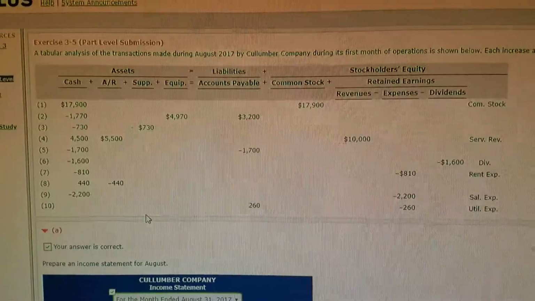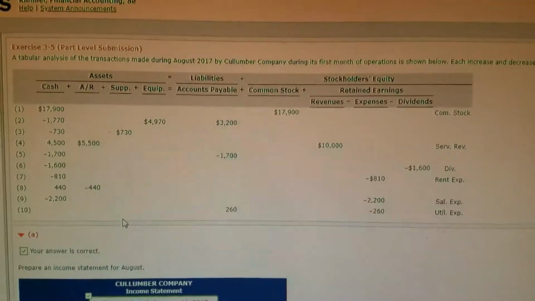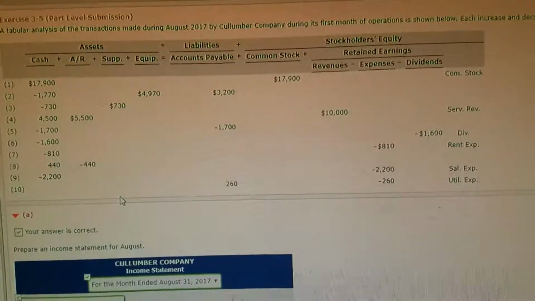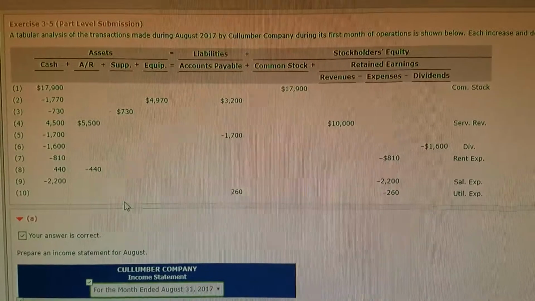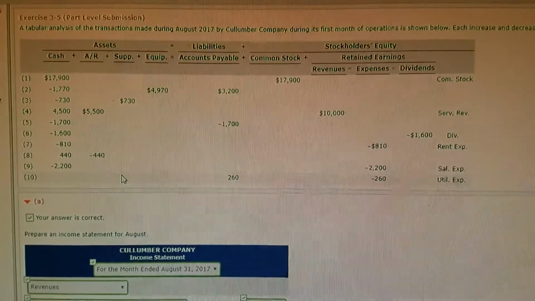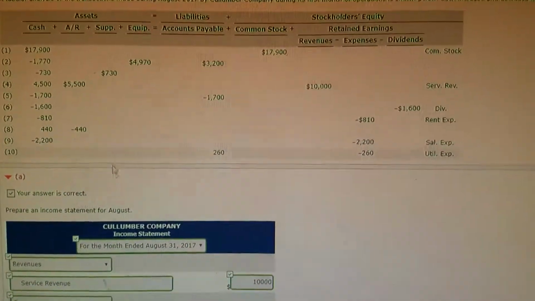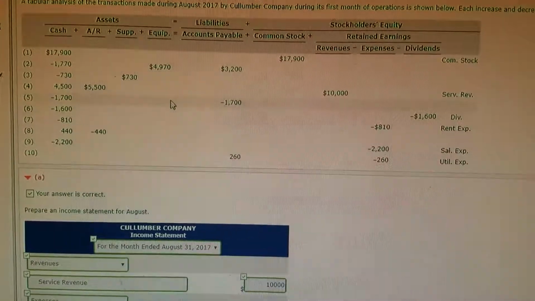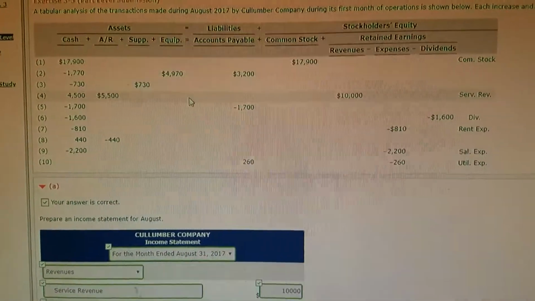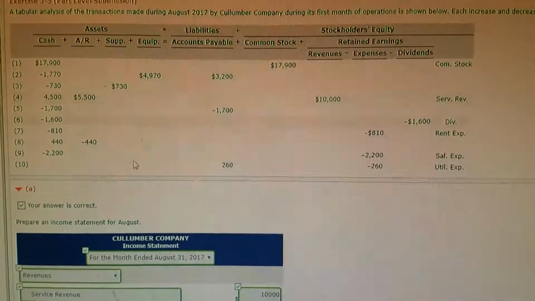Here is the table with 9 items for cash, 10 items total, and we are given the task to analyze and put into T accounts all the transactions made during the month and see how we are able to record the financial transactions of this company.